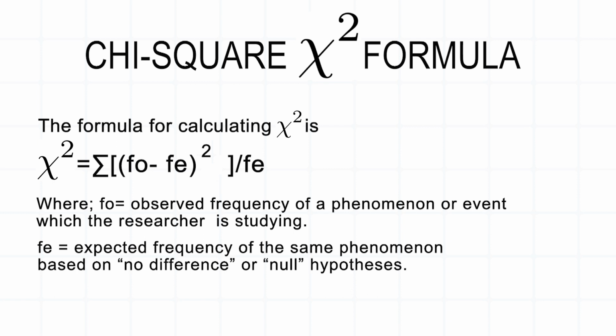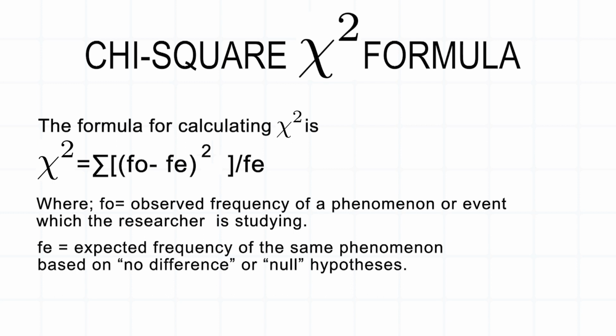So, through this formula we can calculate the value of chi square. Chi square is equal to summation FO minus FE whole square upon FE.